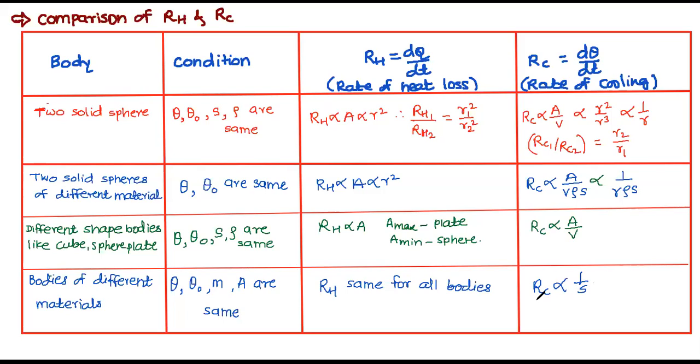For example, sand and water. Water has more specific heat, that's why its rate of cooling is less. Sand has less specific heat, that's why its rate of cooling is more. Understand? That's why the sea breeze and land breeze concept. Understood? So note down this table carefully. Okay.